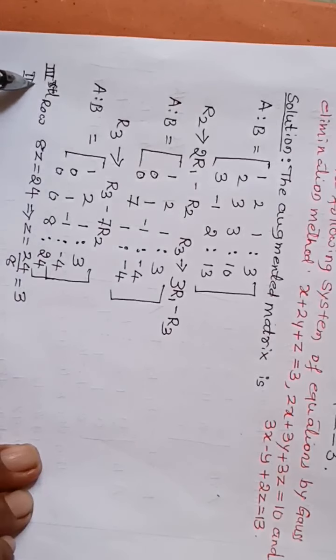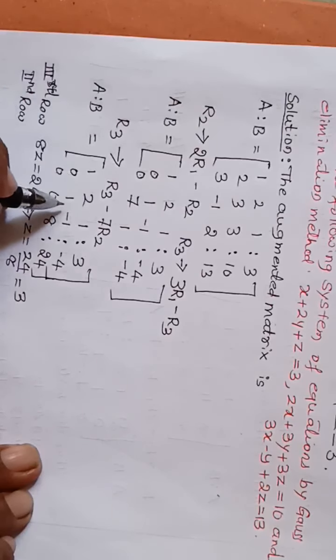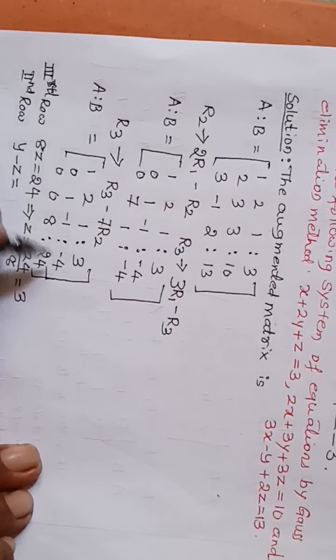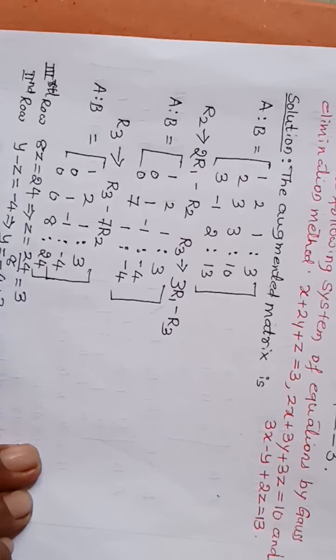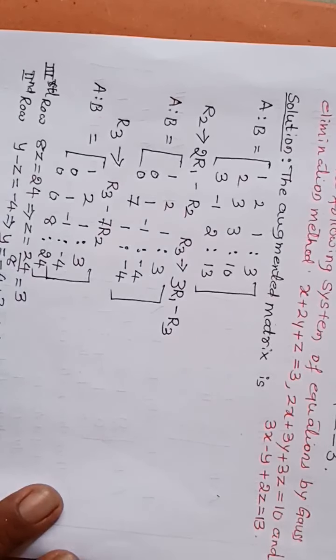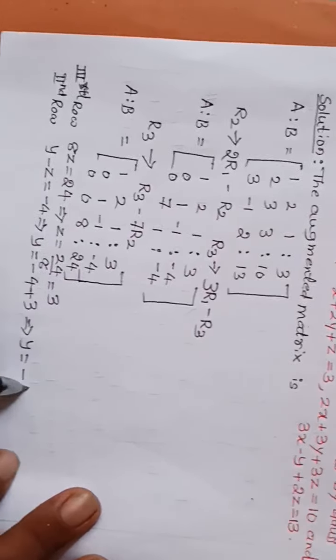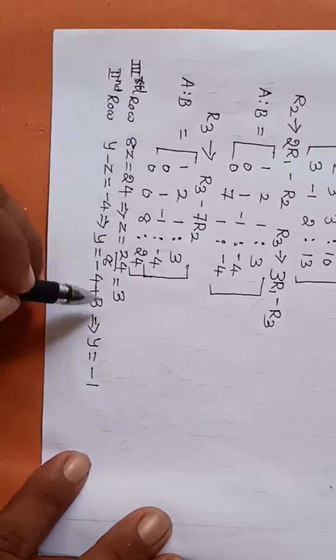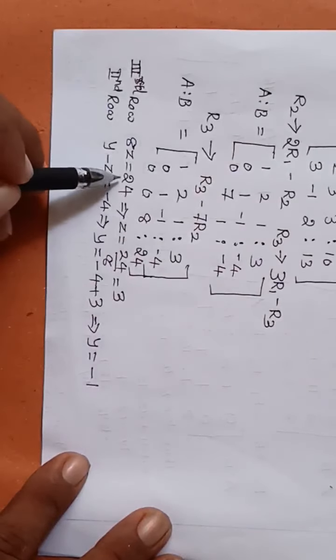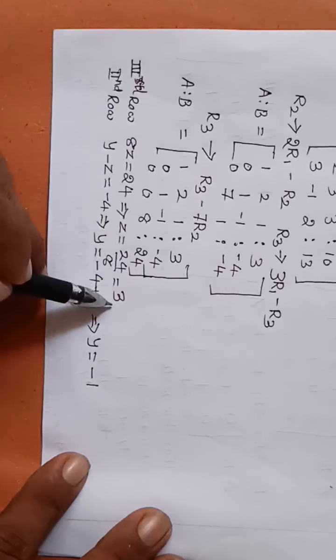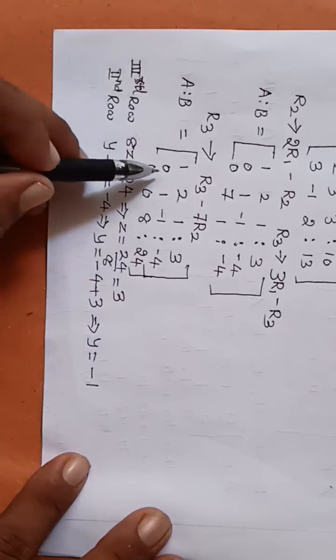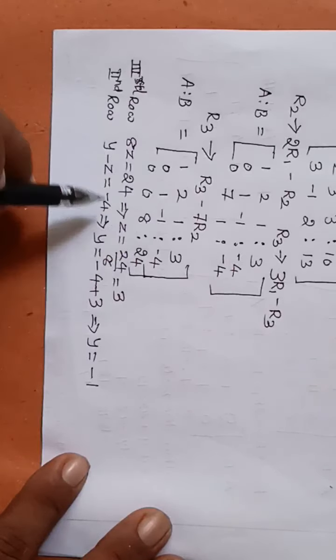From the second row, 0x plus y minus z is equal to minus 4.